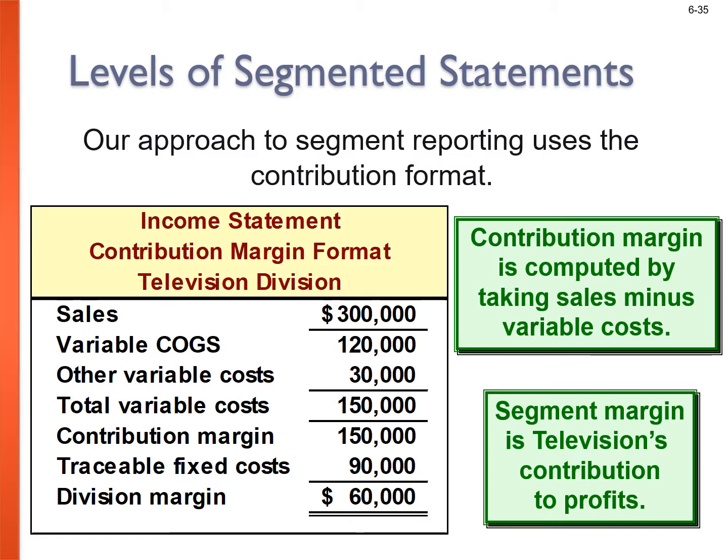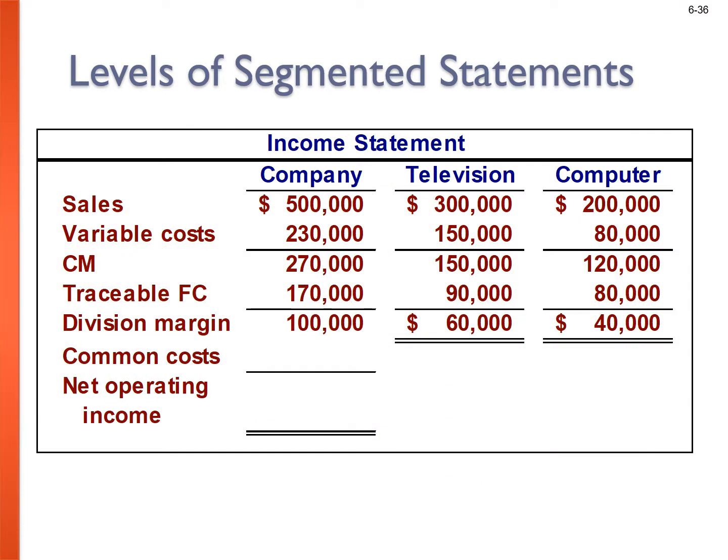If you use the contribution margin format, again, take sales minus your variable costs, which gives you the contribution margin of $150,000. Subtract the traceable fixed costs, and that gives you the division margin of $60,000. Let's take a look at the television and computer.